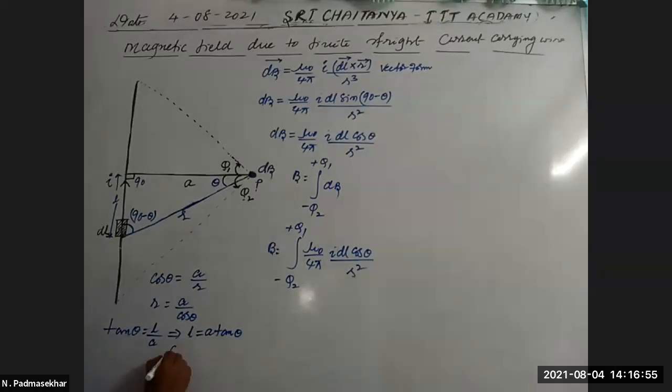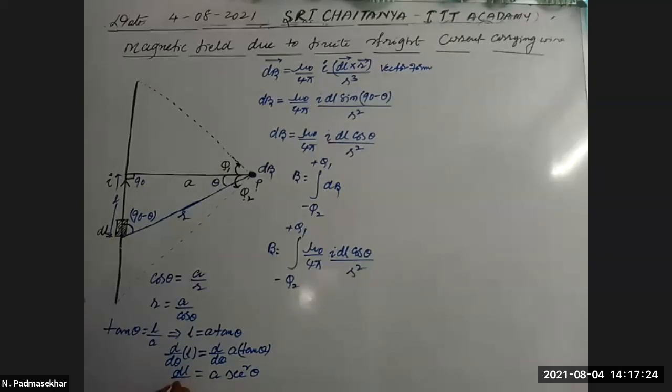So this is d by d theta of L. d by d theta of L means d by d theta of A tan theta. So d by d theta of A tan theta means A secant square theta, because d by d theta of tan theta is secant square theta.